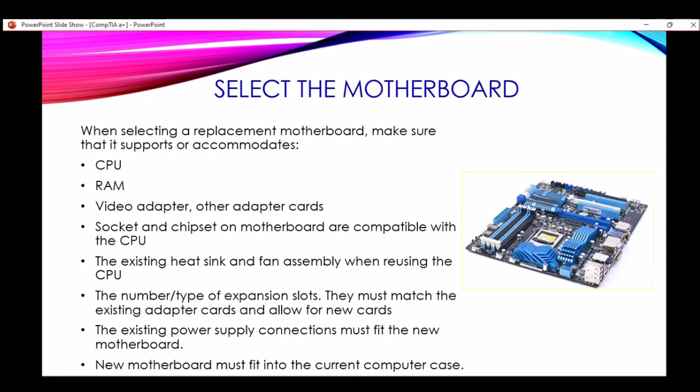When selecting a replacement motherboard, make sure that it supports or accommodates the CPU, RAM, video adapter cards and other adapter cards. The socket and chipset on the motherboard must be compatible with the CPU, and with the existing heatsink and fan assembly when reusing the CPU.